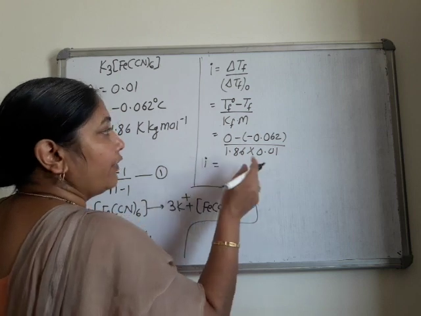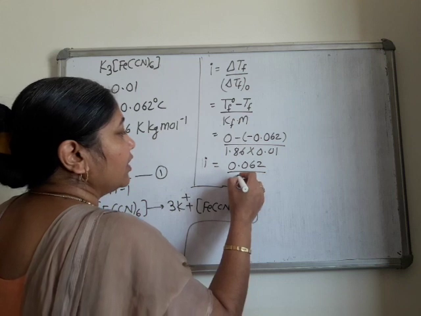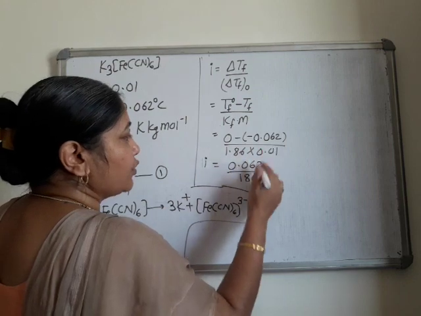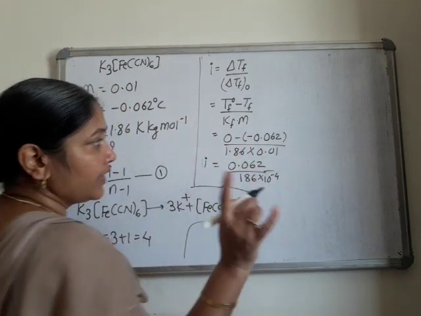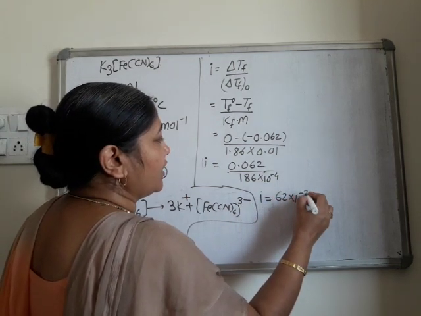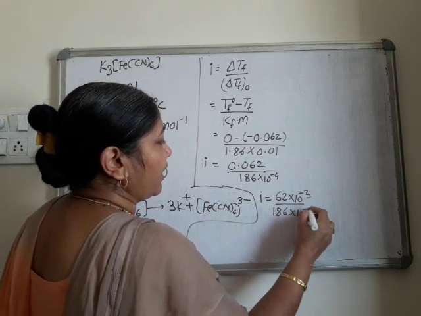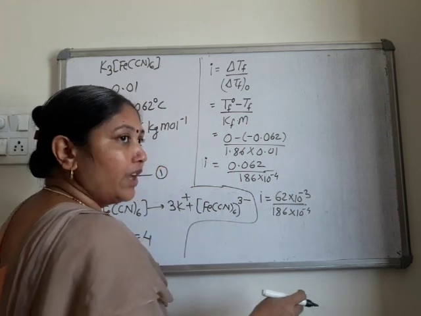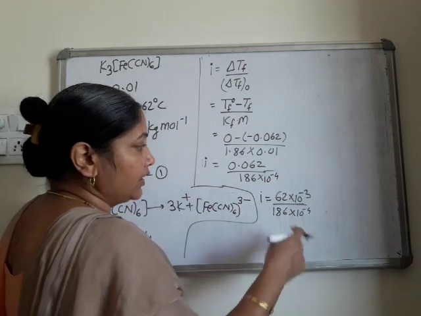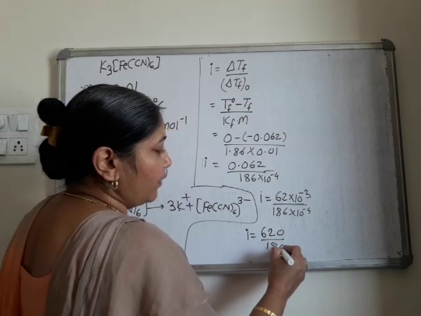So the van't Hoff factor i is equal to 0.062 upon 1.86 into 10 raised to minus 2, which we can write as 186 into 10 raised to minus 4. And 0.062 is 62 into 10 raised to minus 3. So i value becomes 620 upon 186.